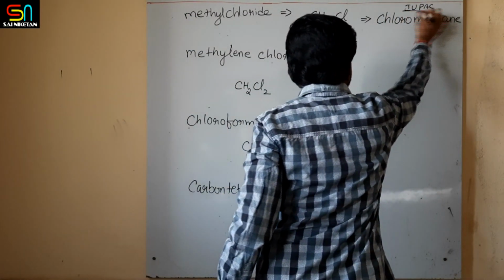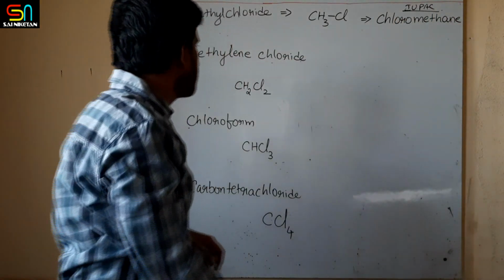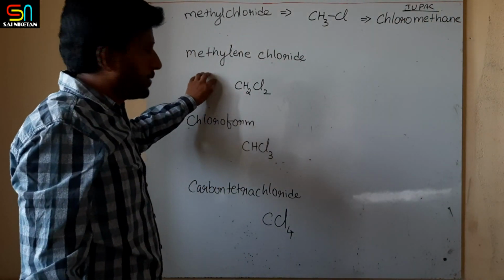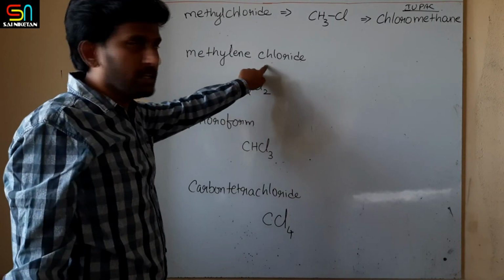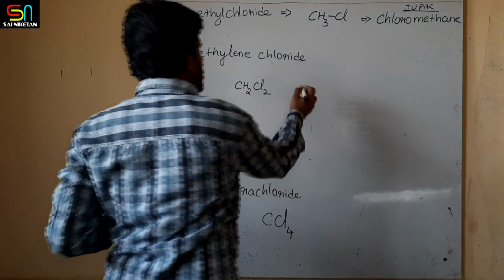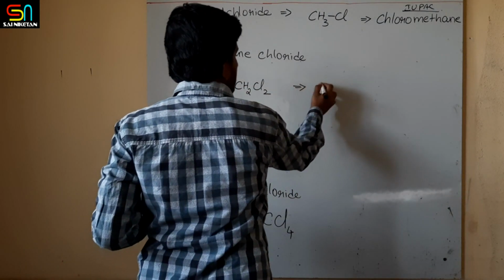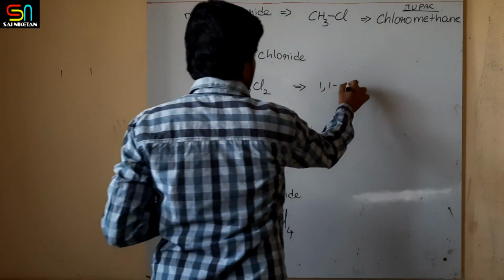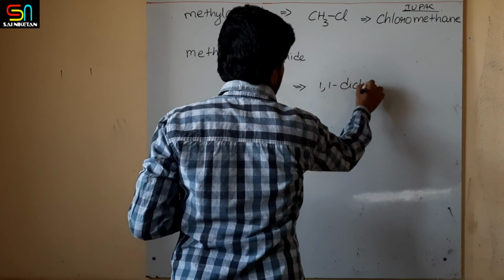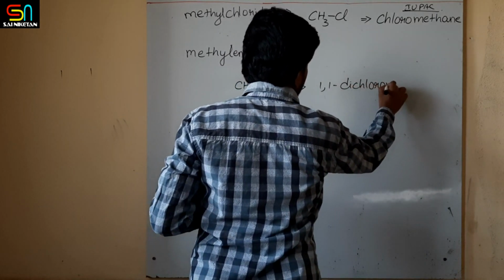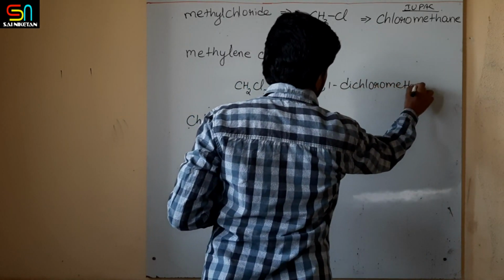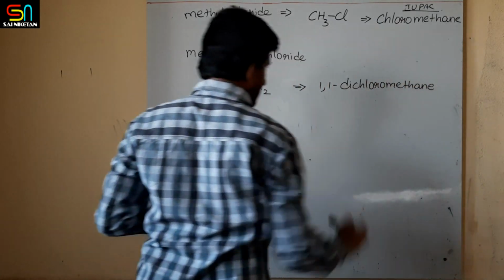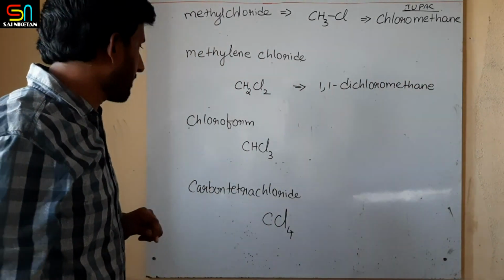What will be the IUPAC name of methylene chloride? The IUPAC name of methylene chloride is dichloromethane.